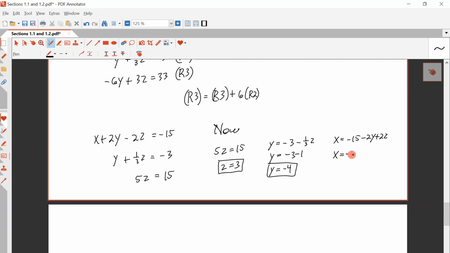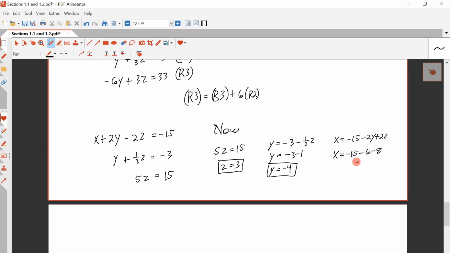So x is equal to minus 15 minus 2y is minus 6 plus 2z, z is 3, plus 2z is plus 6. No, plus 2z is minus 8.